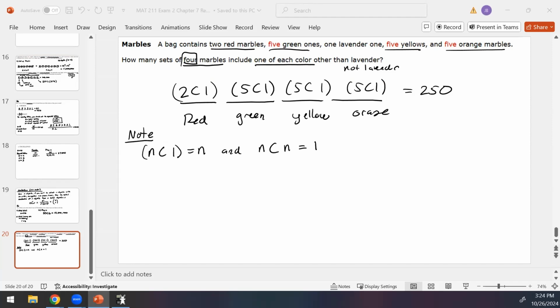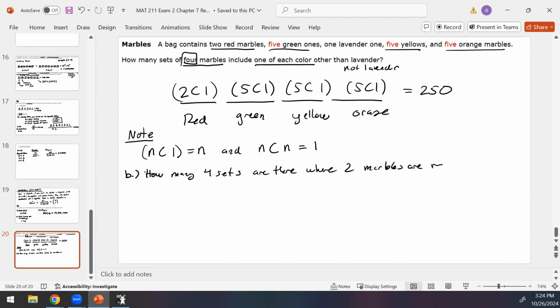Okay, following up on this problem. How many combinations, or how many ways, or how many 4 sets are there where 2 marbles are red? Okay, so 2 marbles are red.